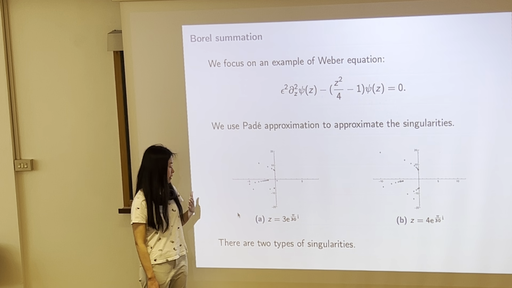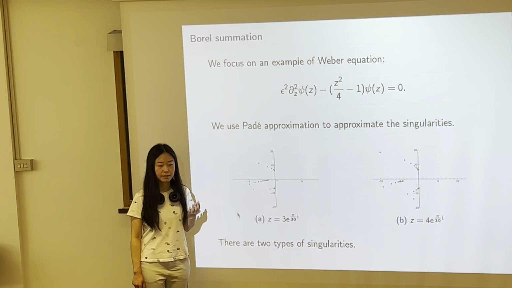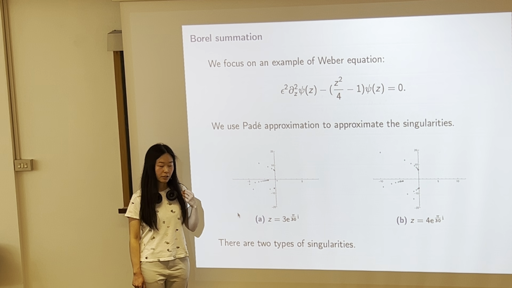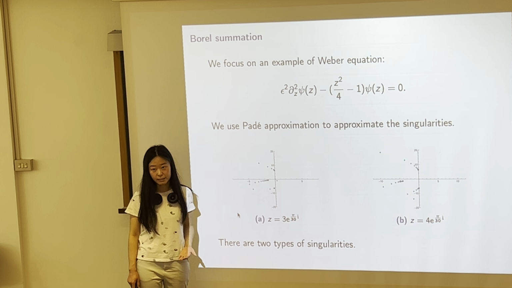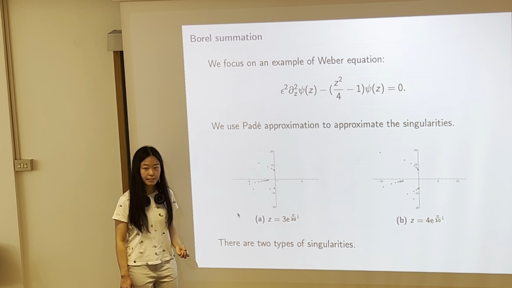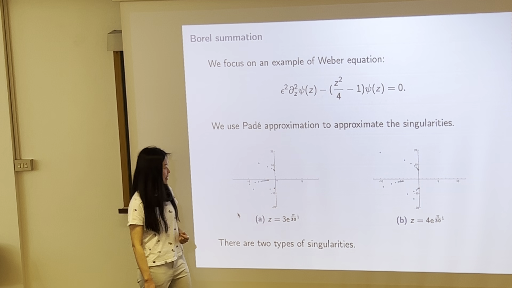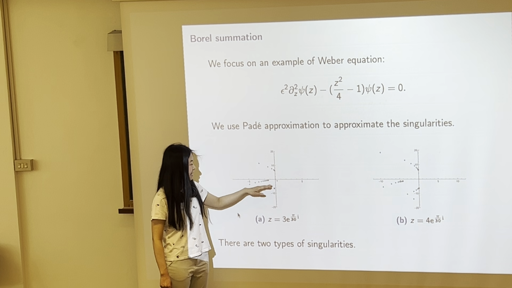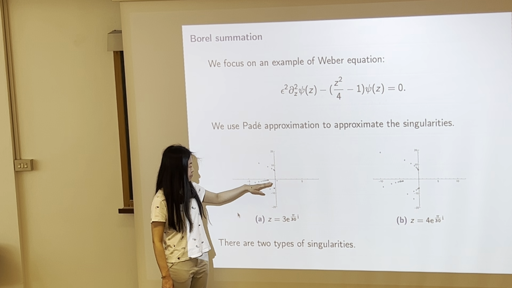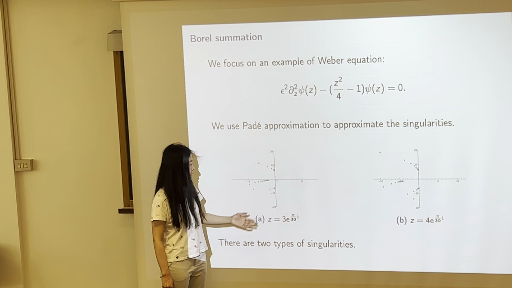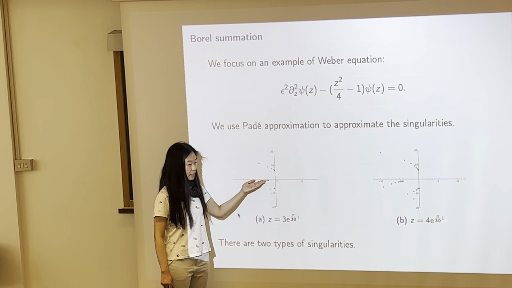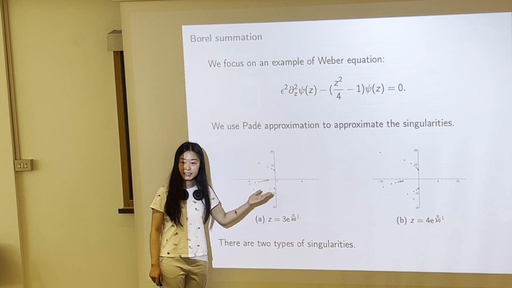Yes, this is only an approximation, and you can only see poles in this Padé approximation because it's a rational function. But the singularity that it wants to approximate is actually more complicated, and I didn't see proofs of this, and I don't know how to prove it. But I think people have been discussing that the singularities you want to see for those examples are actually branch cuts.